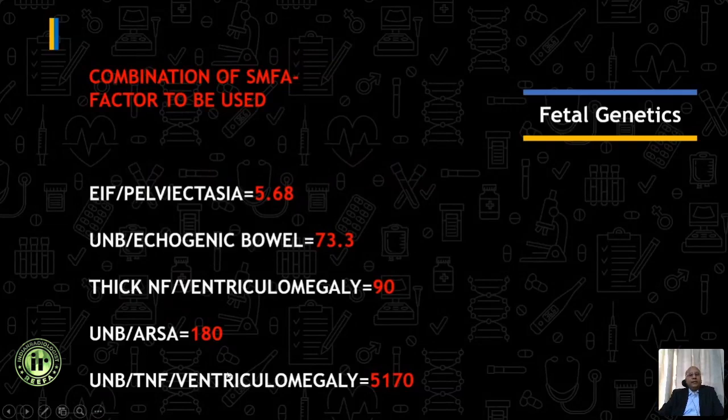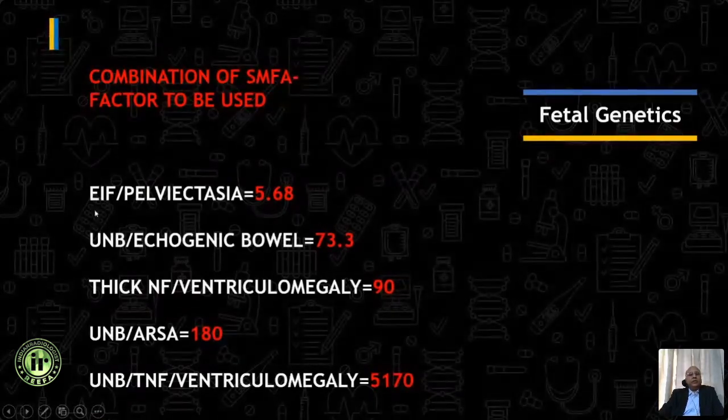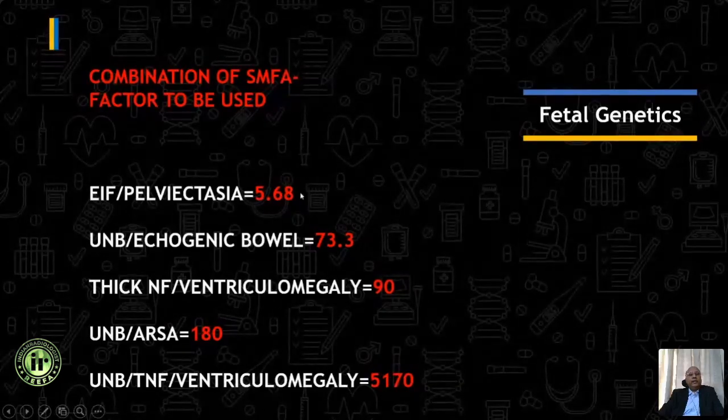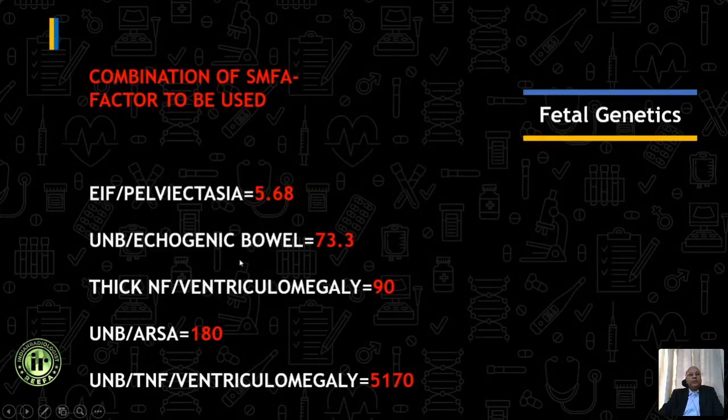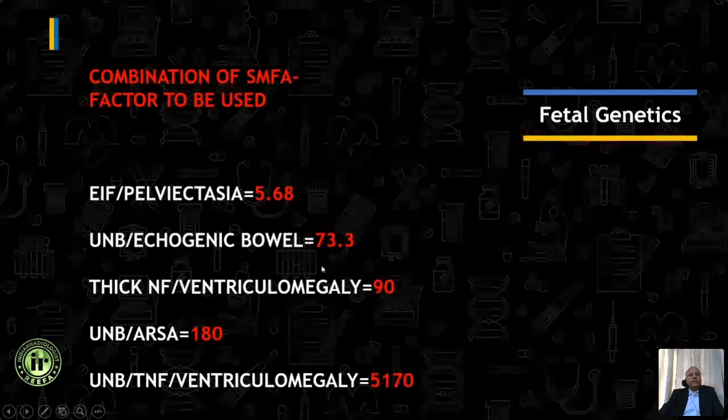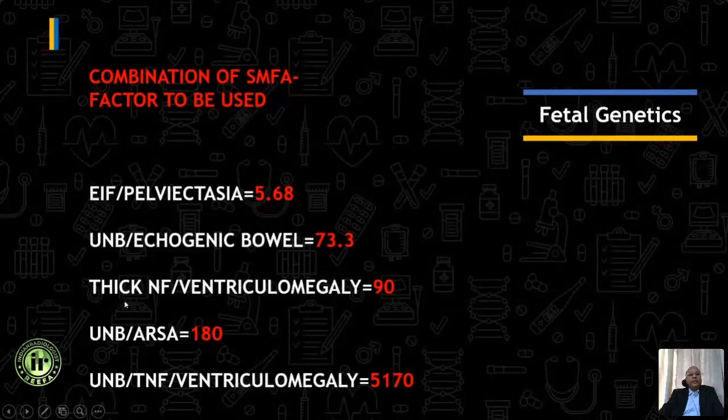Likewise, I have calculated the factors for various combinations. So if we have a patient with echogenic focus and pelvic ectasia, the factor to be used is 5.6. If you have unossified nasal bone and echogenic bowel, the factor to be used is 73. If you have thickened nuchal fold and ventriculomegaly, the factor is 90. If you have unossified nasal bone and URSA, the factor is 180.